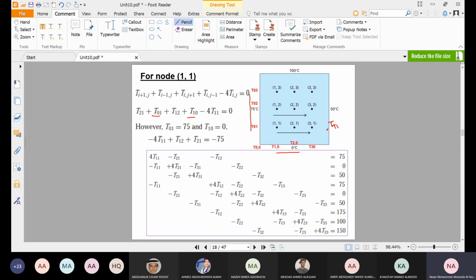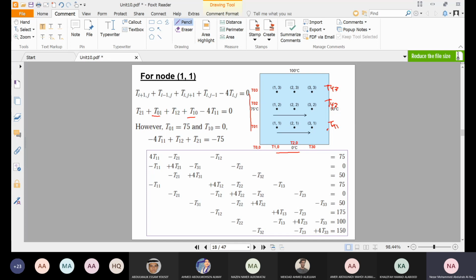Okay, for 1, you have here this also constant. You have here T4, this is for column number 4. Sorry, 4, 3. Or 2, sorry, and this is T4, 3.